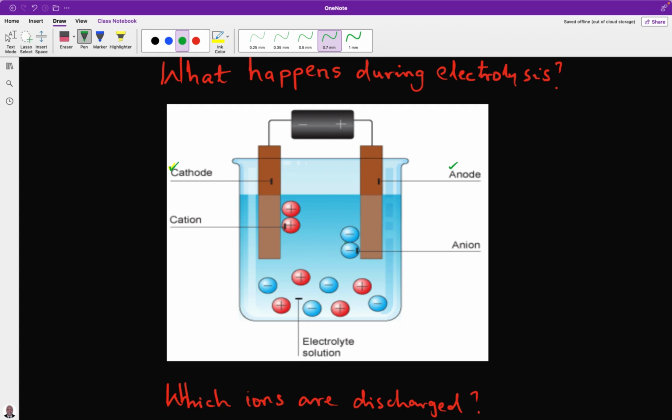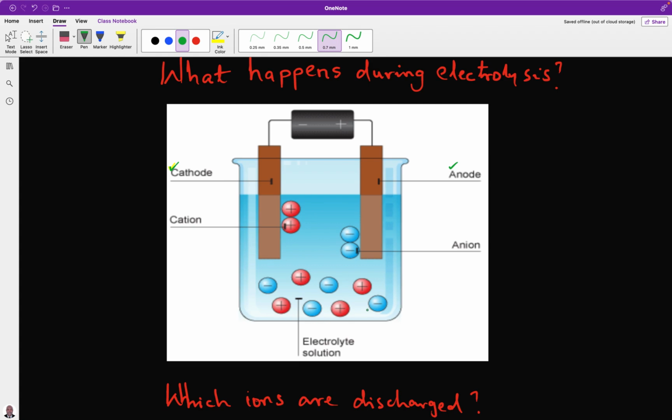In that case, when current passes into the electrolyte here, it causes the electrolyte to decompose into the different ions. The cations will go, the anions will go. This is a compound, an ionic compound.